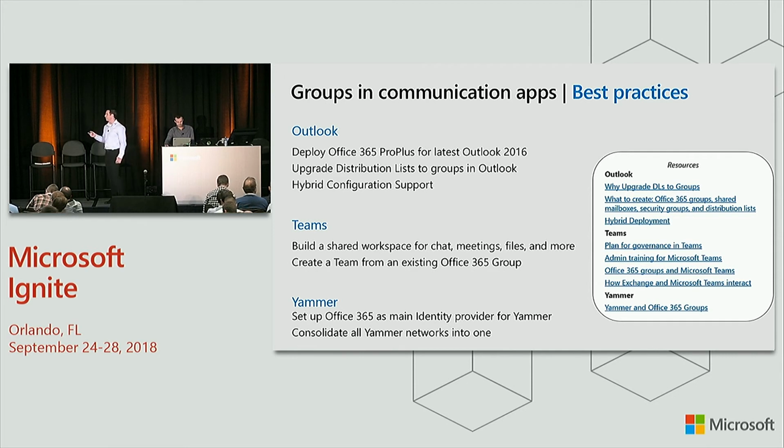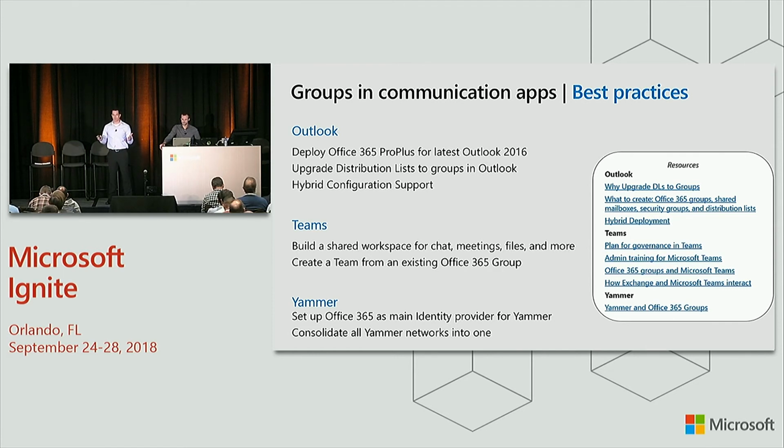And then lastly, when we think about connecting across the organization through Yammer, the two points we want to make are one around identity. So get your organization to use Office 365 as its primary identity provider. This will make that transition to Yammer much more seamless because we're really heading in a direction where basically every Yammer group will be connected to an Office 365 group.